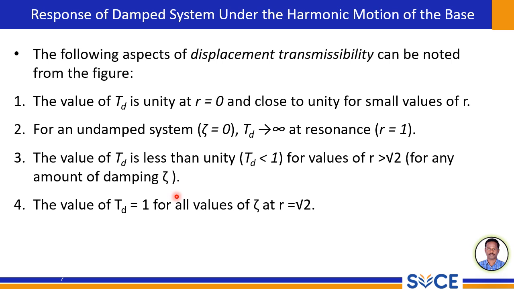It tells us that for excitation frequencies significantly higher than the natural frequency, that is R more than square root of 2, the mass vibration amplitude will always be smaller than the base motion amplitude regardless of the damping level.